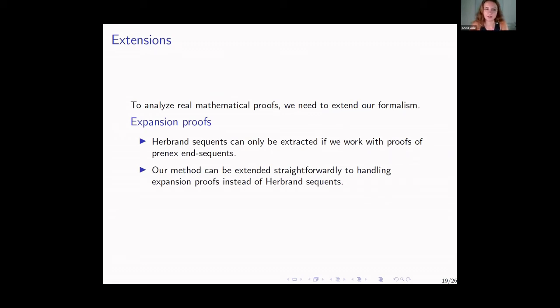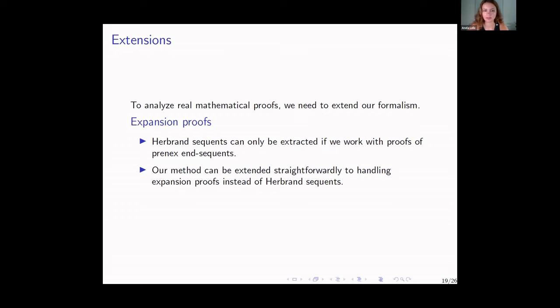The aim of this investigation is to analyze real mathematical proofs. And therefore, we cannot just work with very simple, basic LK. So the first extension was to not extract Herbrand sequences, but expansion proofs, so Miller's expansion trees. This is done because extracting Herbrand sequences only works if the end sequent is in prenex form.